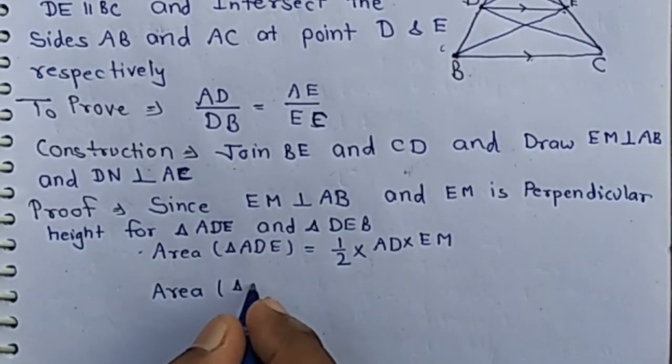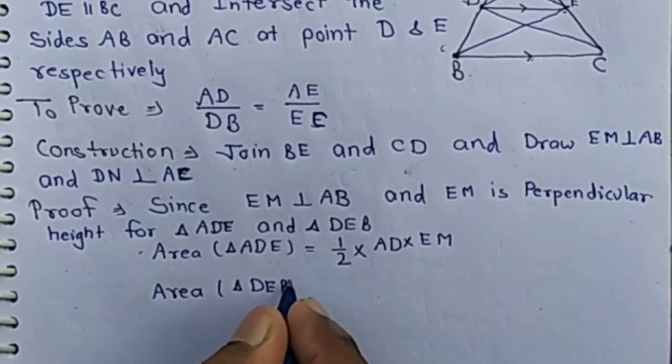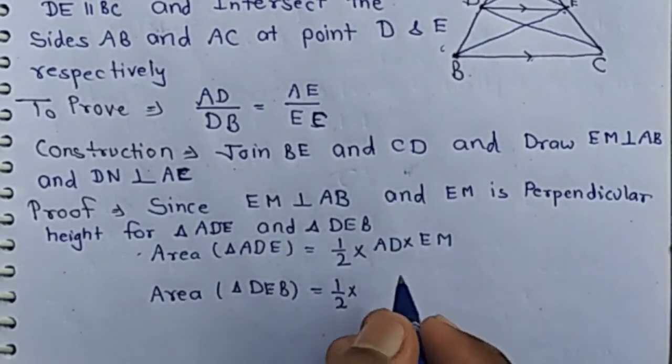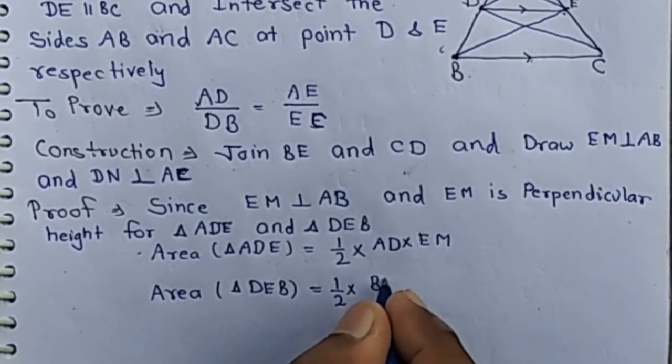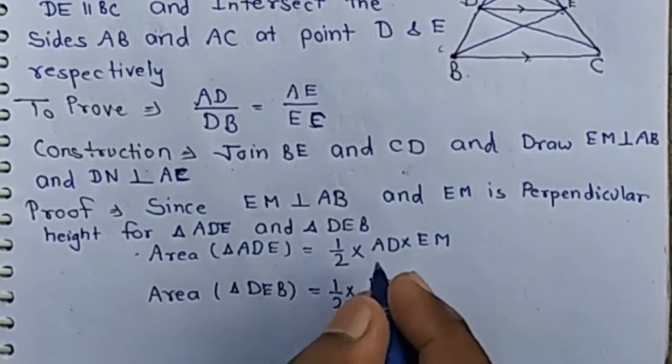Area of triangle DEB: base is BD and perpendicular height is EM.